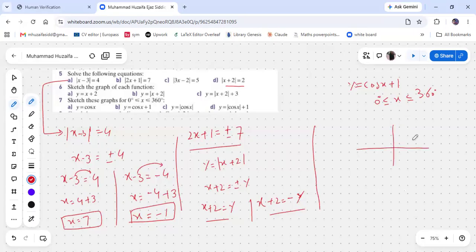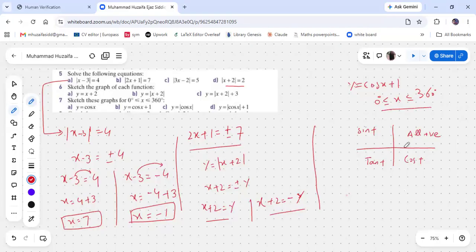Look at here, in this quadrant all are positive, in this one sin is positive, and in this quadrant tan is positive, and in this one cos is positive. From this we can break it into four quadrants.